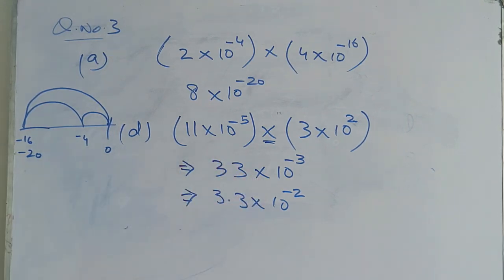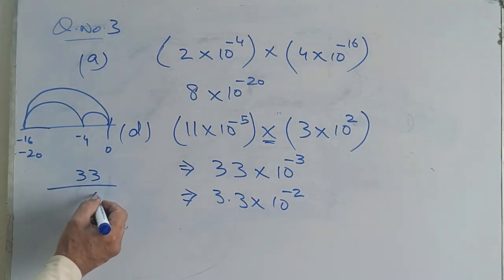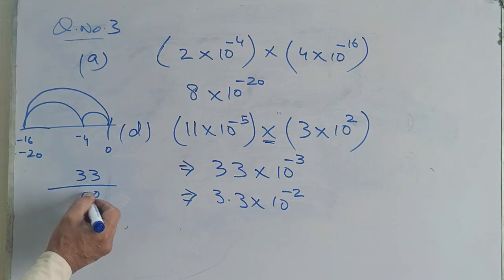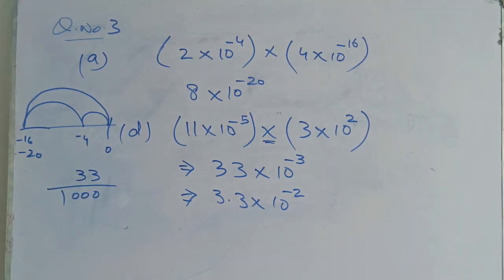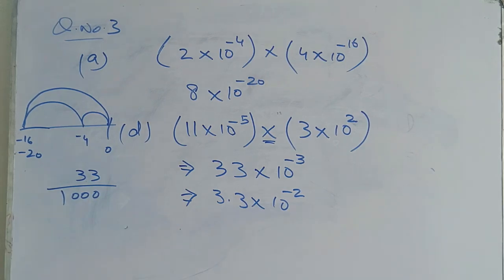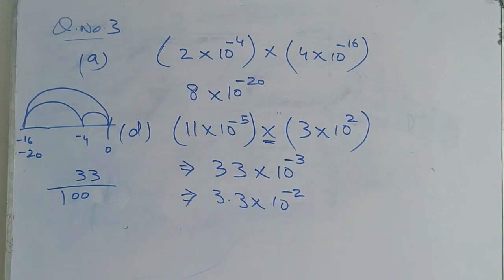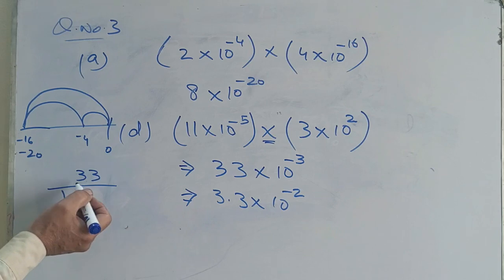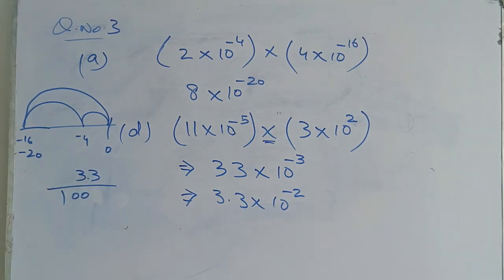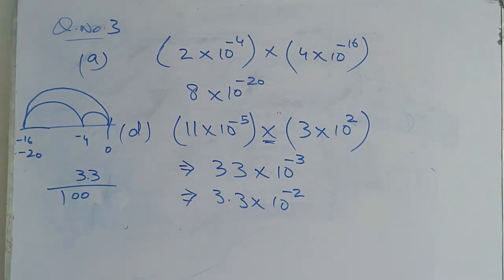How do we get this? You see that this is 33, and now I have to make it 3.3. So we just removed one digit from here, and by removing it, the power changes. So it will be 3.3 into 10 raised to power minus 2.